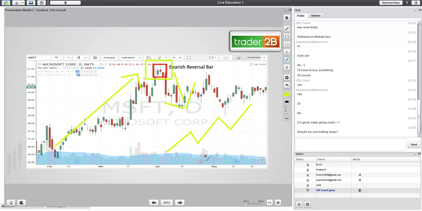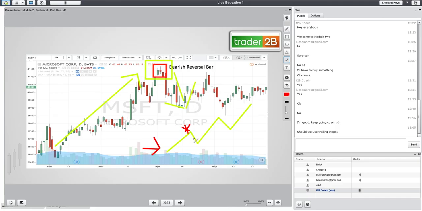What happens with trailing stops is that the moment you are on side on your position, let's say you entered here, you've caught this wave up to this point.